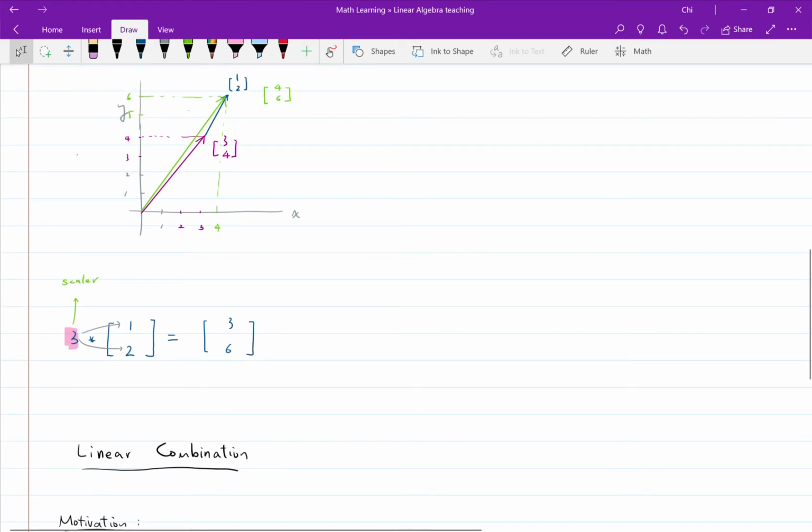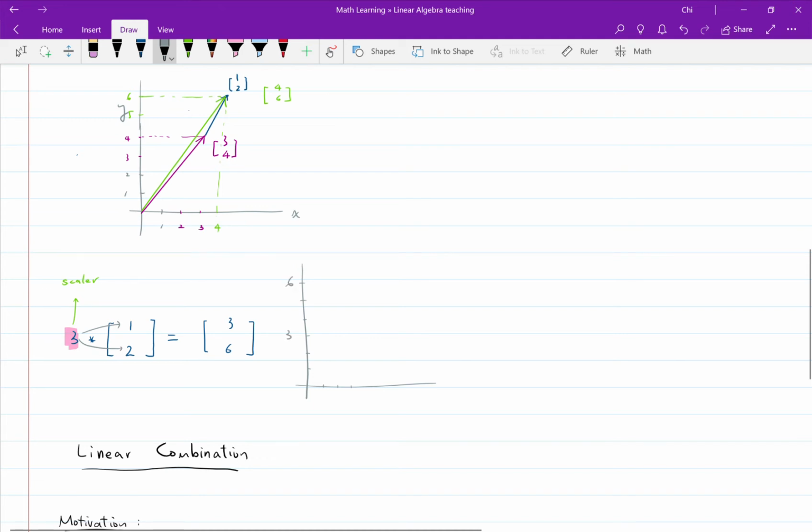So you might ask, since we have a graphical representation for all the other operations, what about this one? Well, there is a graphical representation for this one as well. So let me mark it. So you have 1, 2, 3, 4, 5, 6.